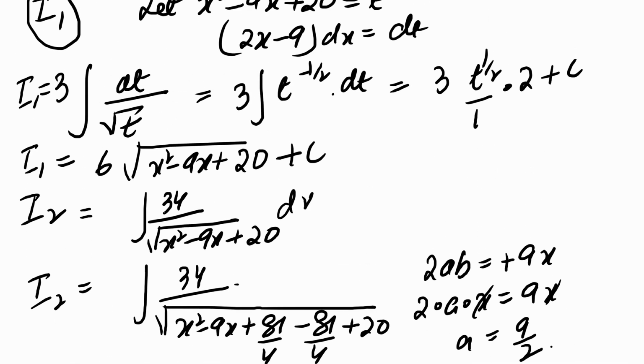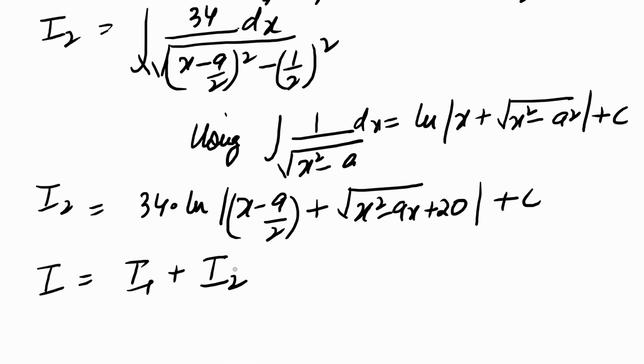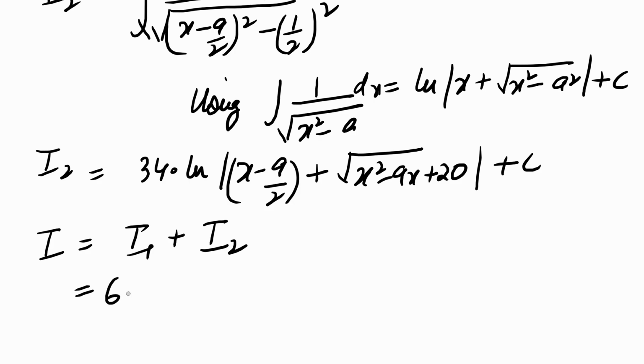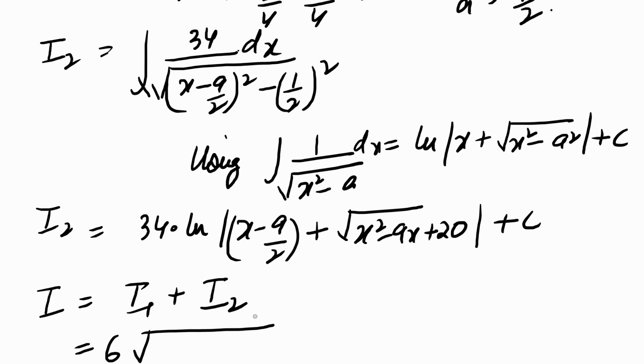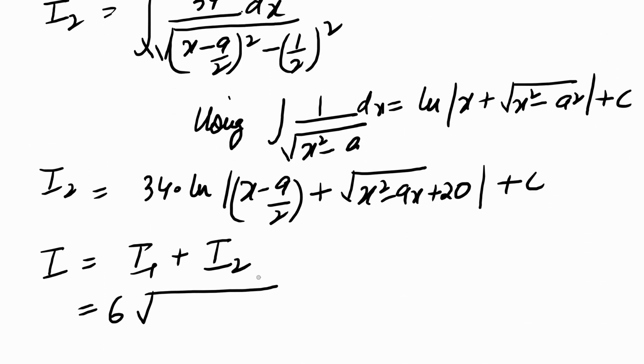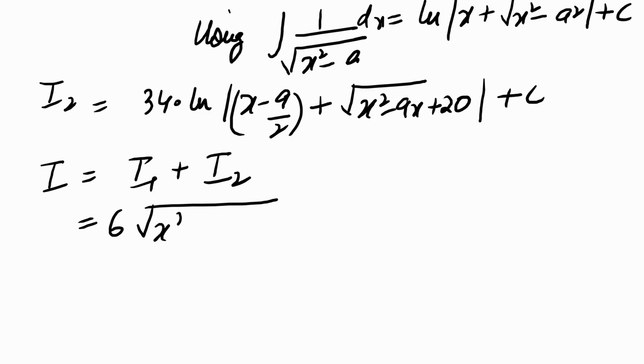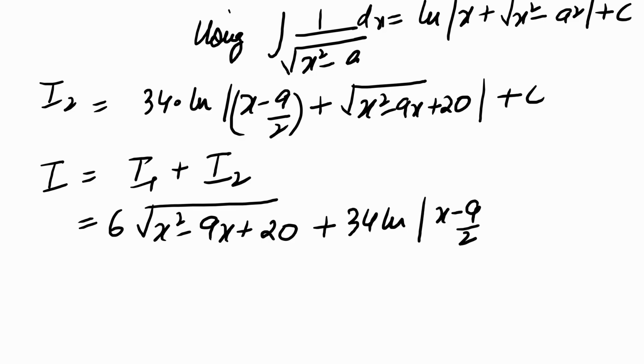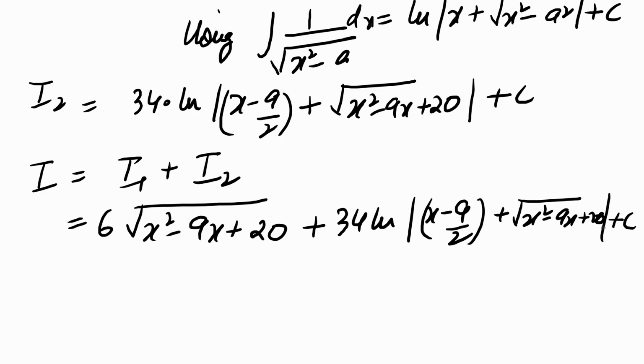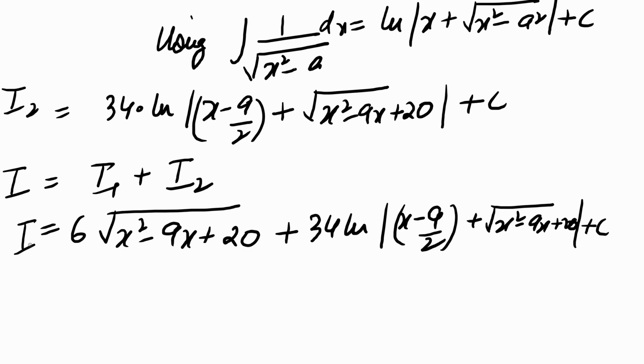I is what? 6 under root x square minus 9x plus 20, plus 34 ln |x minus 9 by 2 plus under root x square minus 9x plus 20| plus c. This is the answer.